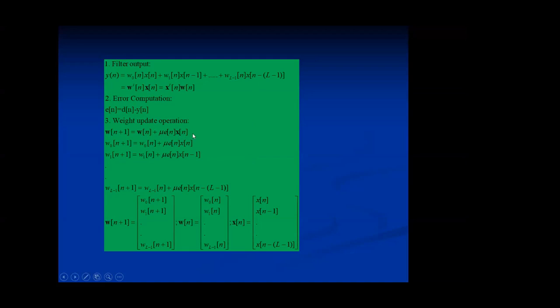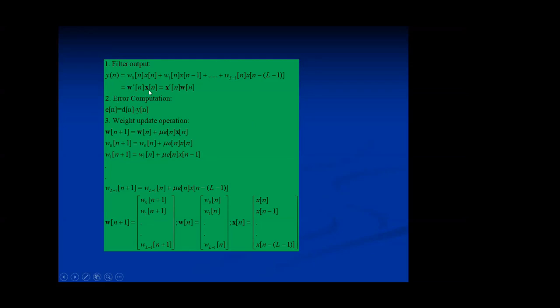This one vector equation is equivalent to L scalar equations. Here w of n plus 1 is the vector w0 of n plus 1, w1 of n plus 1, and so on. This is a vector, w of n is this vector, and x is this vector. Whereas mu into e of n is a scalar.